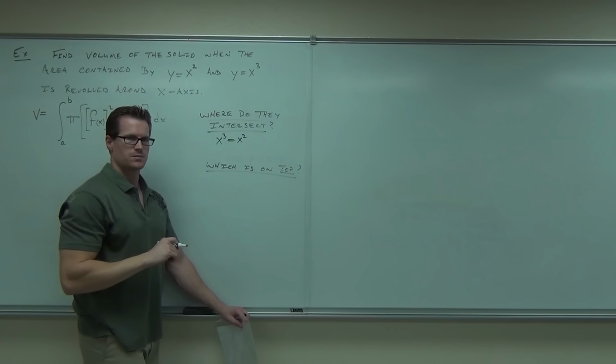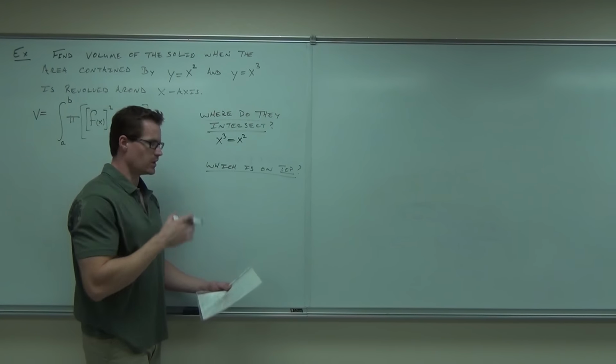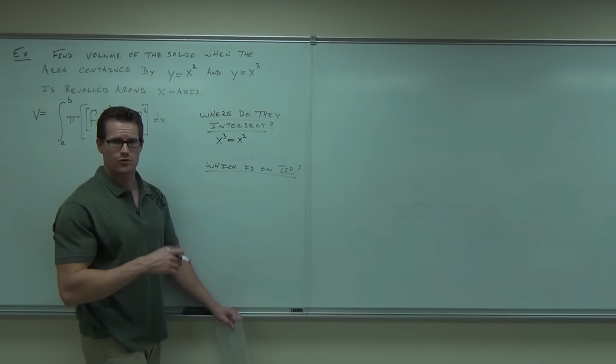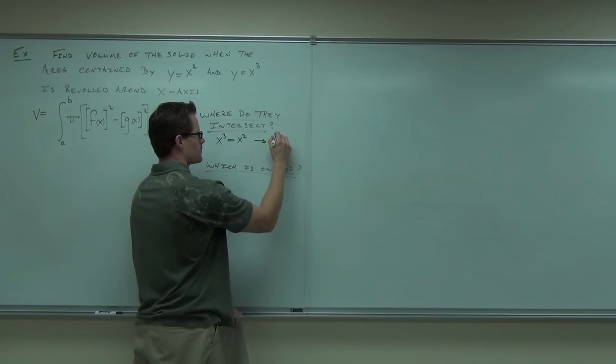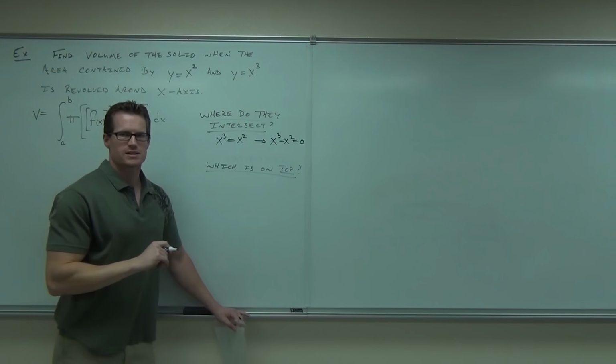Still okay with that so far? Solving that, well, we get what? What would you do to solve that? Probably because you're going to be using some sort of factoring. x cubed minus x squared equals 0.